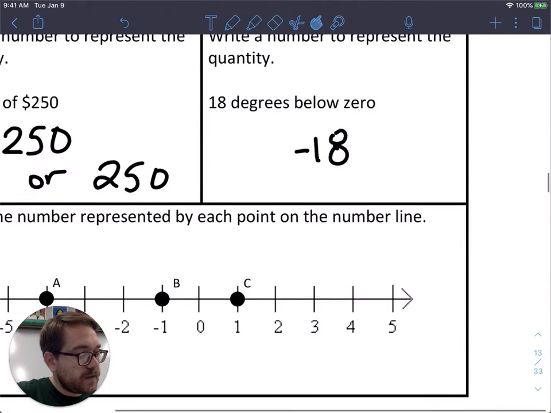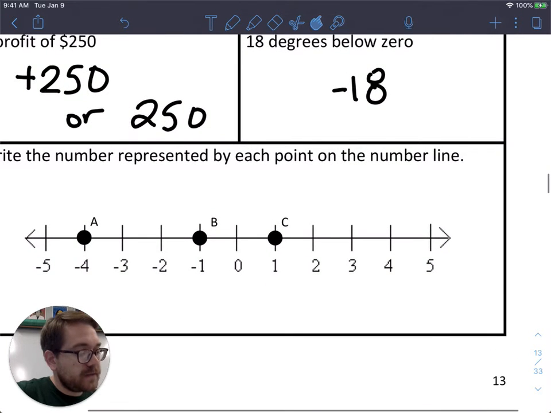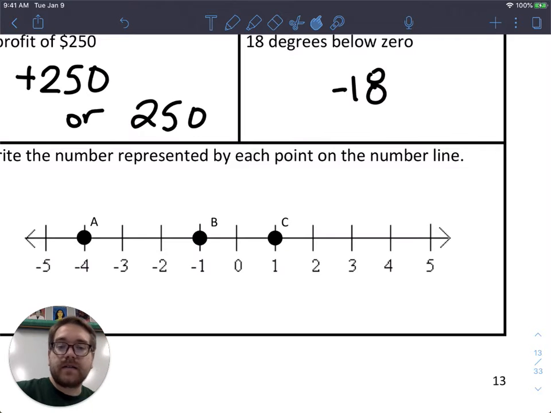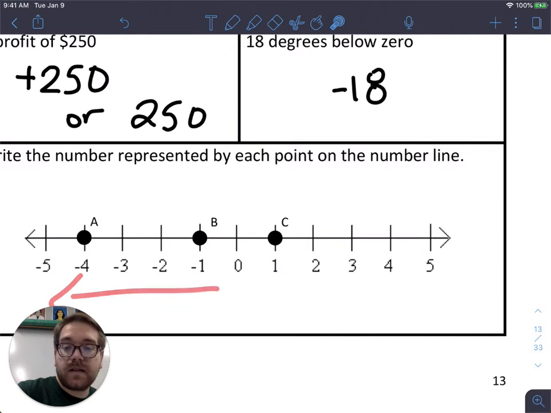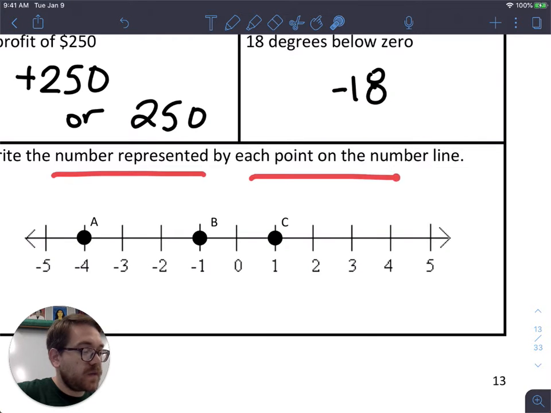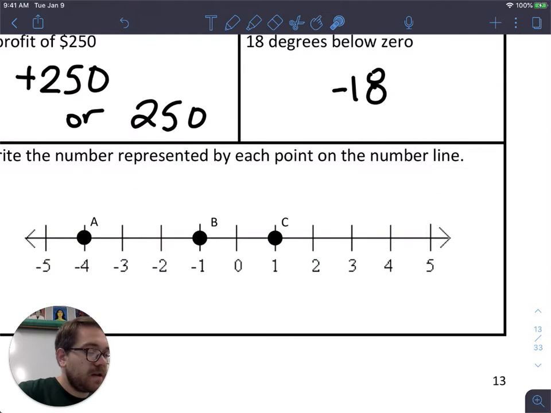Okay, so you see this number line here. It's got 0 in the middle, and as it goes off to the right, it increases into positive numbers, and it goes off to the left, decreasing into the negative numbers. The instructions here are to write the number represented by each point on the number line. So what number is represented at A?